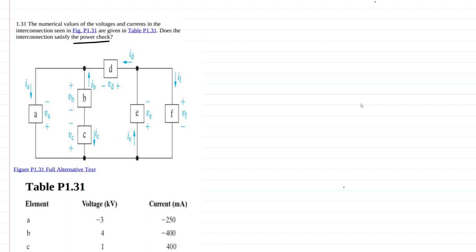Now the power check is that the power supplied and the power dissipated equals 0. As in, we don't have any power that isn't accounted for, or basically, violations of the laws of physics.